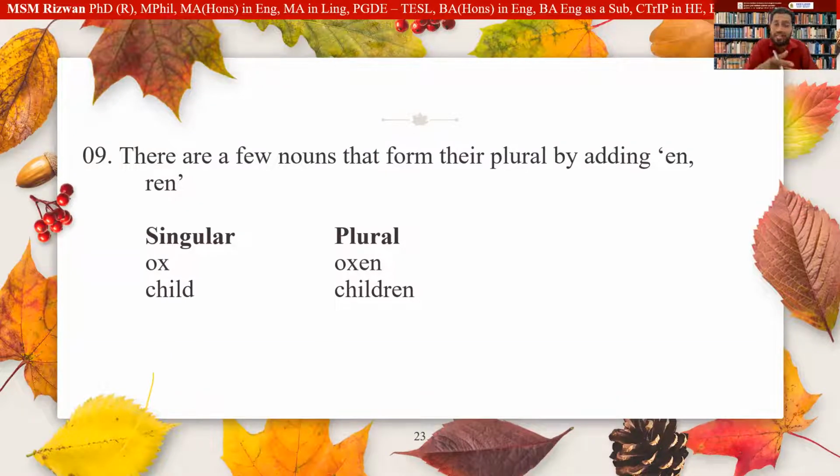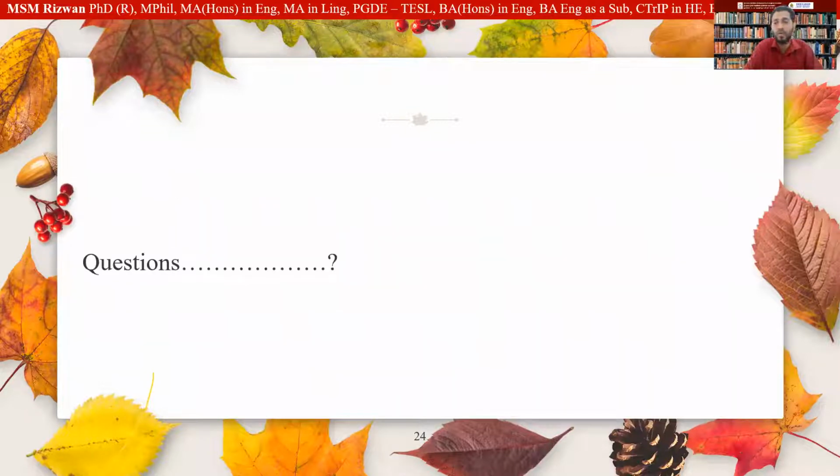Now you can see child, children. You could notice these two words have been added with the letters EN as well as REN to form singular into plural. So dear students, the list of this type of noun is very, very rare. You also can find some more words in relation to this one.